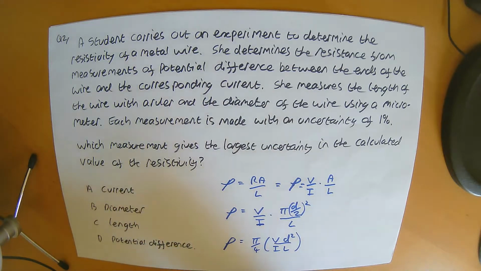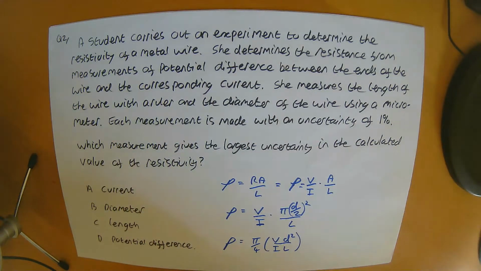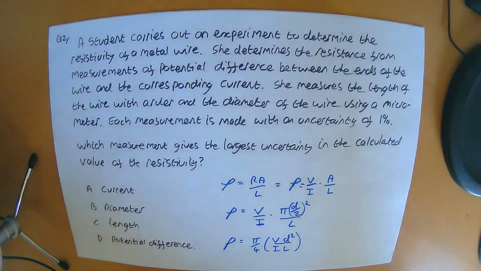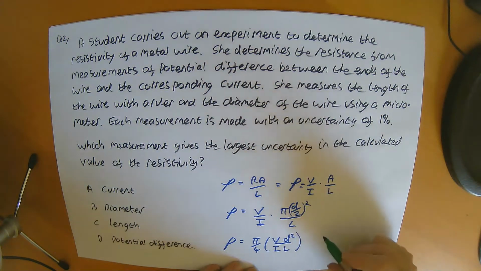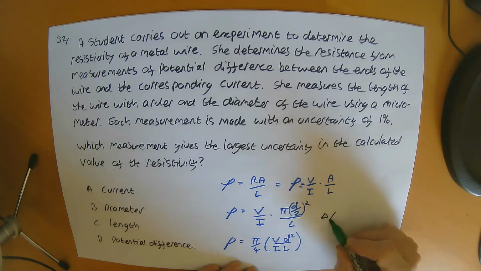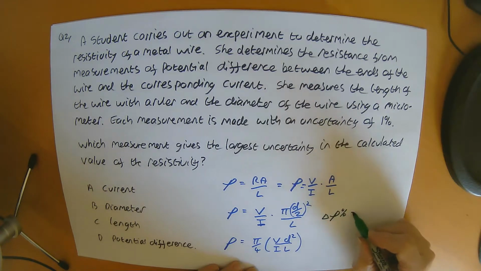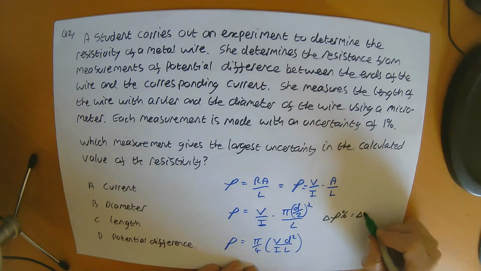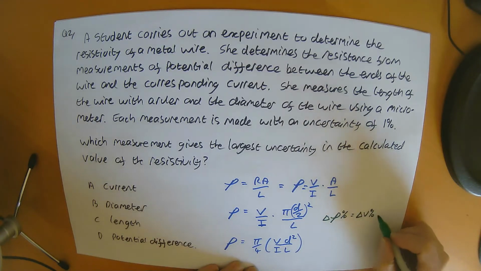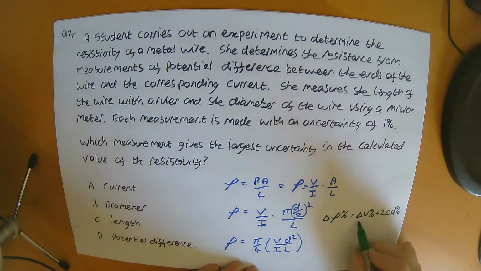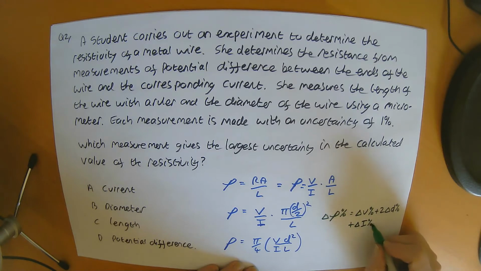Each one of these terms then makes a contribution to the uncertainty in our value of resistivity. And in fact, the percentage uncertainty in the resistivity is equal to percentage uncertainty in the voltage plus twice the percentage uncertainty in the diameter plus the percentage uncertainty in the current plus the percentage uncertainty in the length.